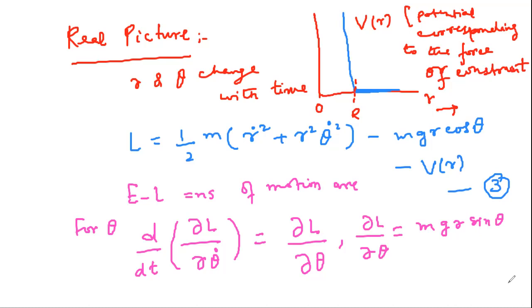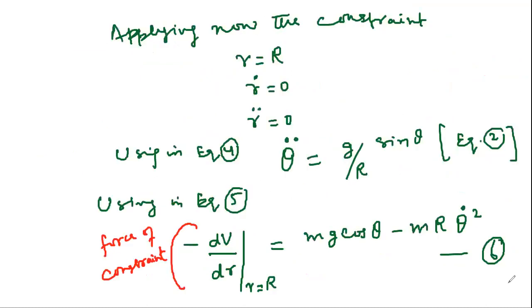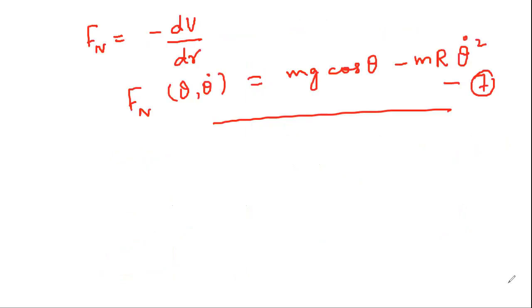Once we get the equations for the variables in question, then after solving the equations of motion, we apply our constraint. What is the plus point? We get that equation back which we got using our previous method, but in addition we get the expression for the force of constraint. So this is the method.